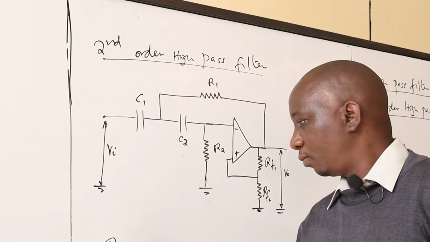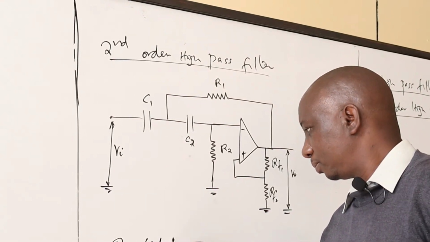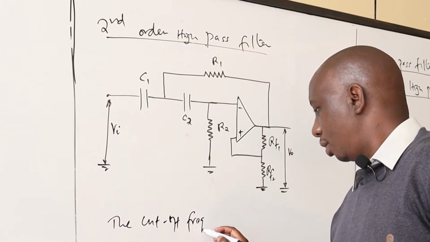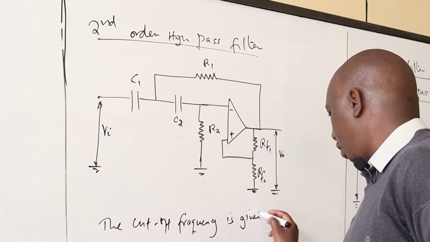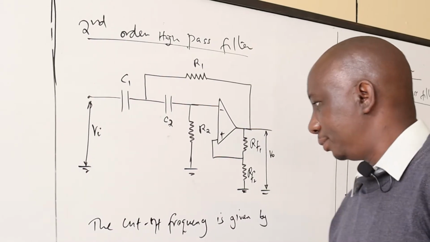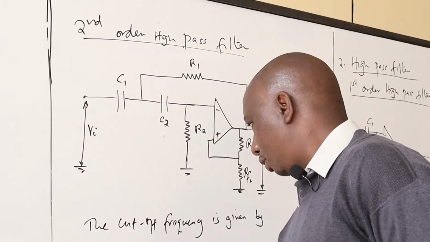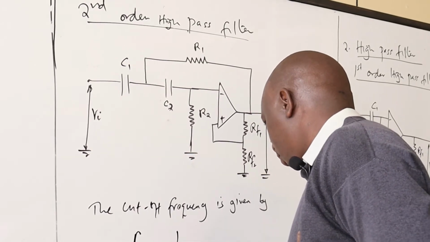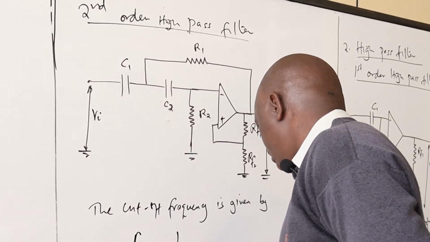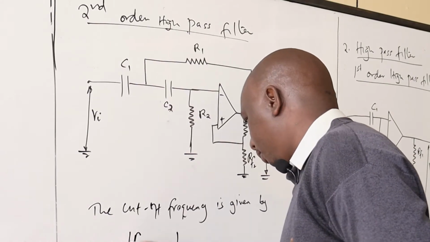So the cutoff frequency is given by FCH equals 1 over 2 pi times the square root of R1, R2, C1, C2.